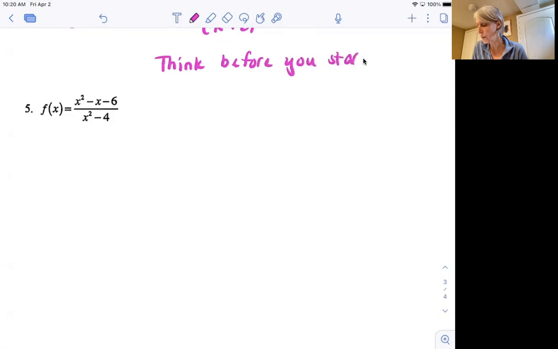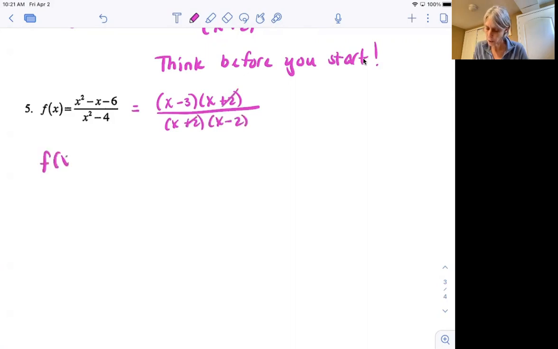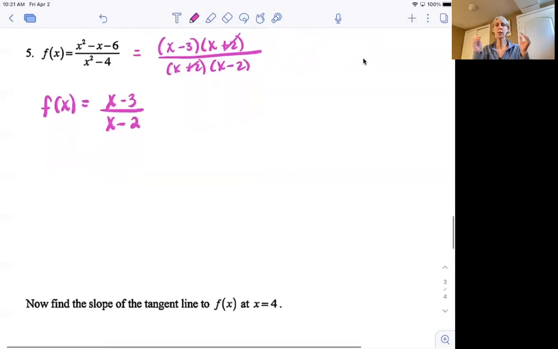Can you simplify this? x minus 3, x plus 2, x plus 2, x minus 2. So I'm really taking the derivative of that. If you didn't simplify, you would just have a lot more to clean up algebraically after.